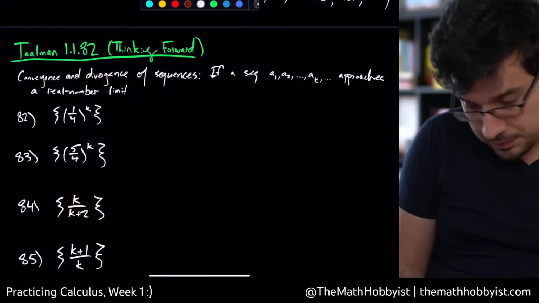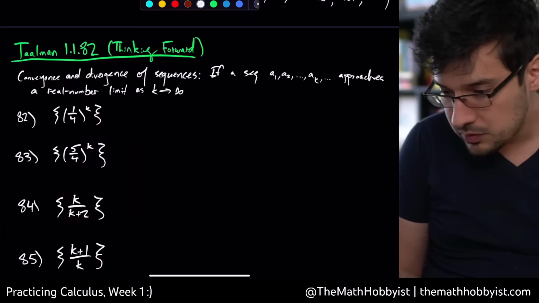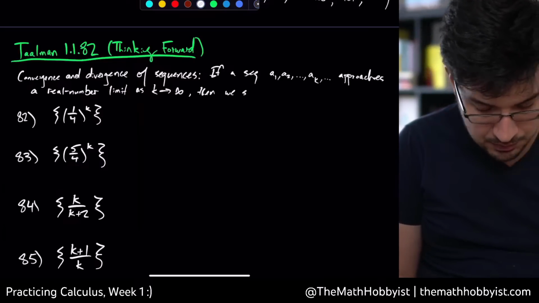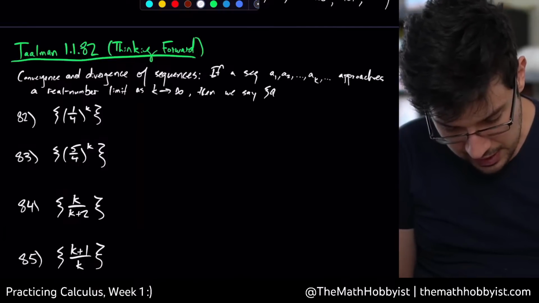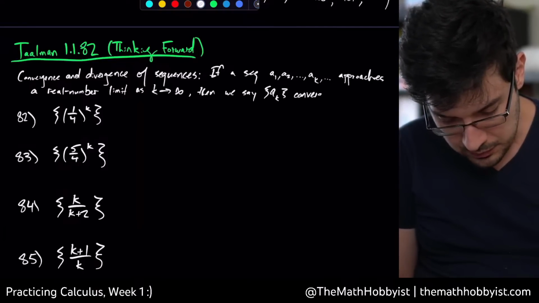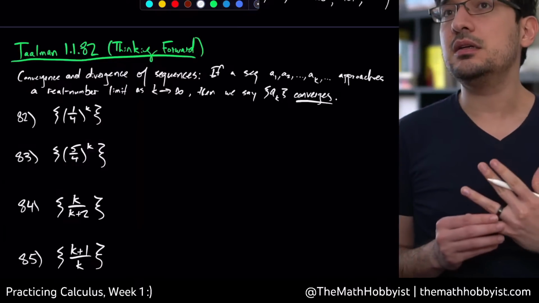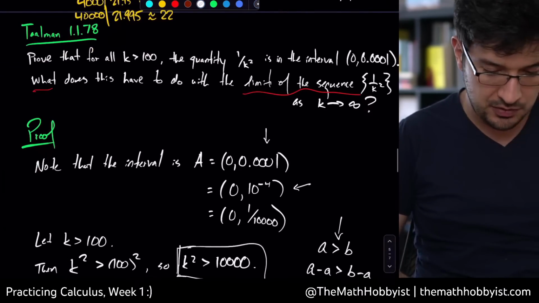limit as K grows without bound, then we say that A of K, or the sequence AK, converges. So just like we saw yesterday, we can define limits of a sequence.